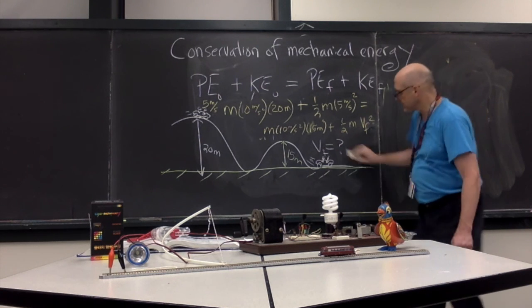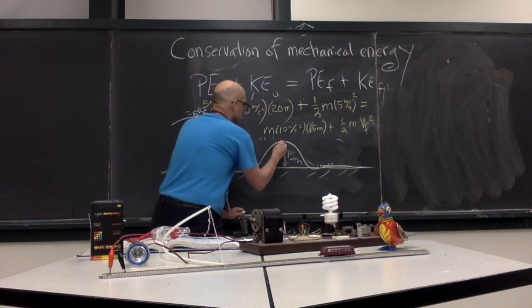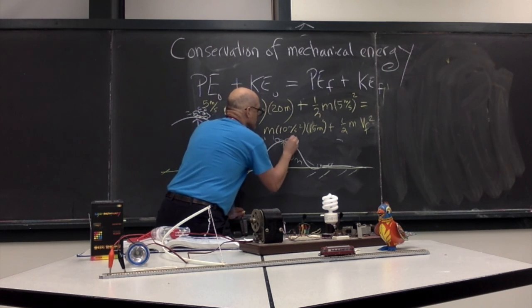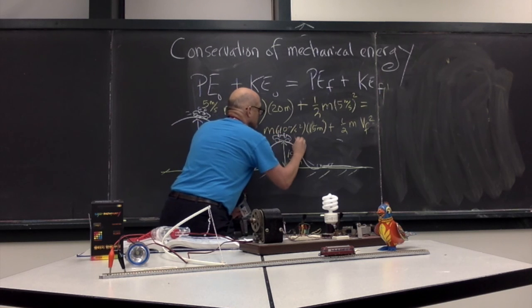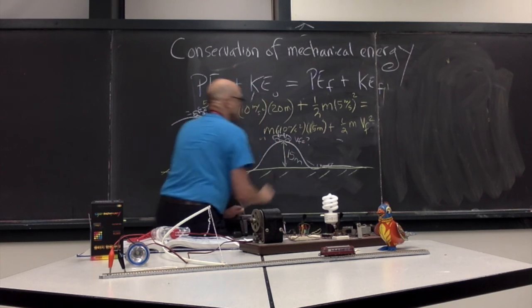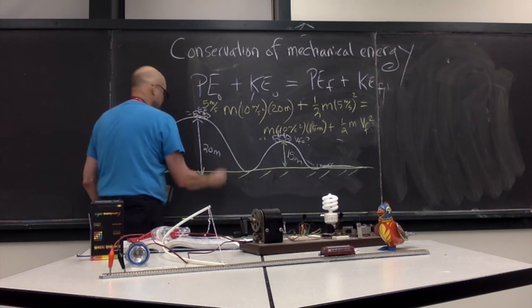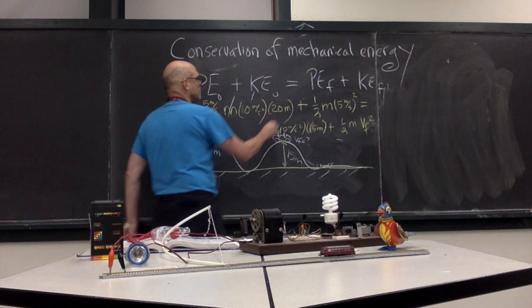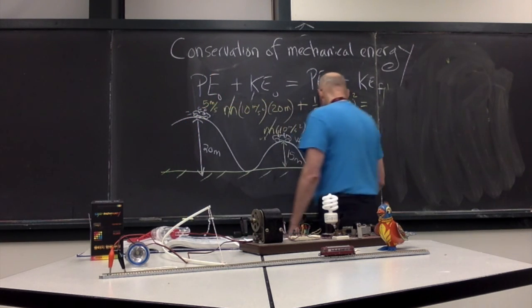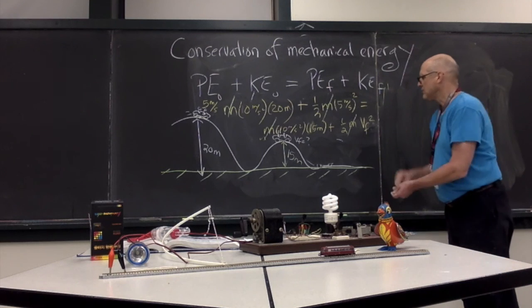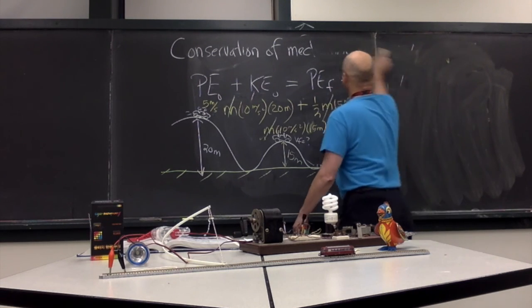Okay, but this is the final speed now at the top of this hill. So let me show the coaster here. VF. So again, the mass cancels. And now we need to solve for VF squared.